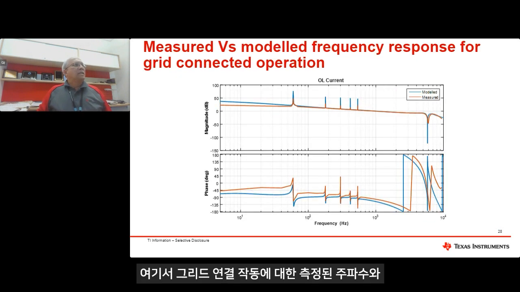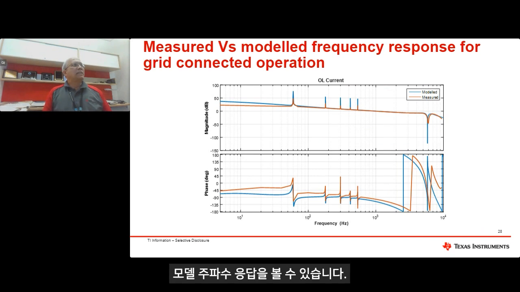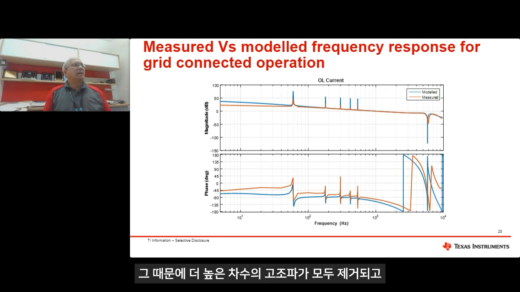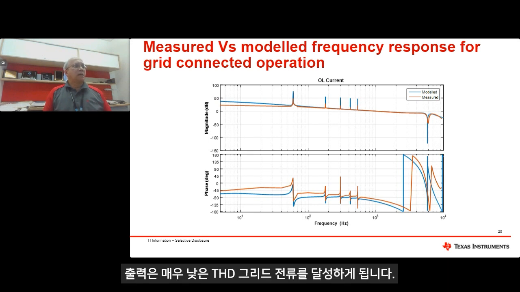You can see the measured versus model frequency response for the grid connected operation. We use multiple PR controllers and you can see the PR controller gives very high gain, and because of that, it rejects all the higher order harmonics, and the output achieves very low THD grid current in the end.